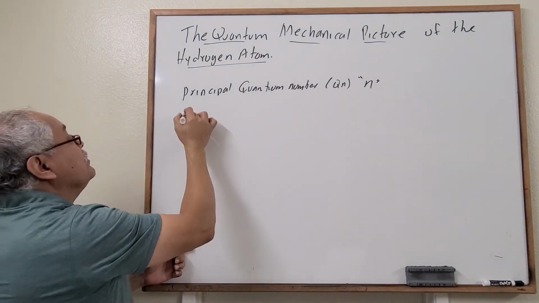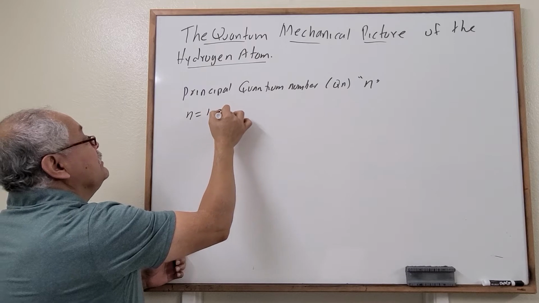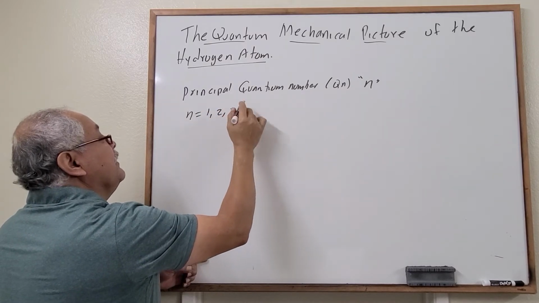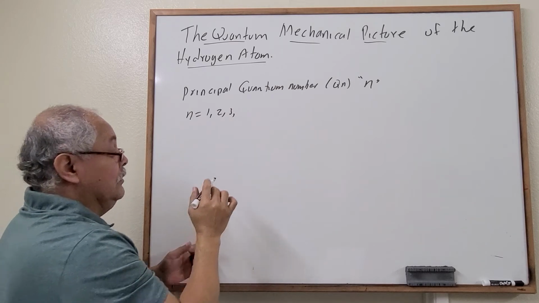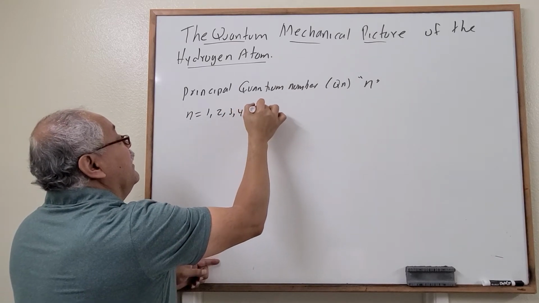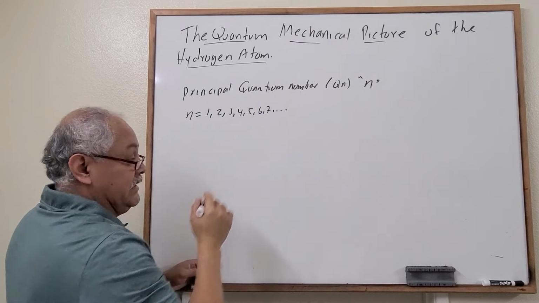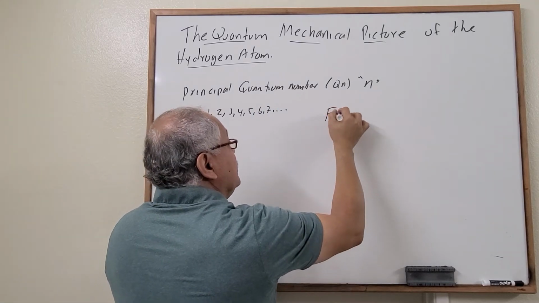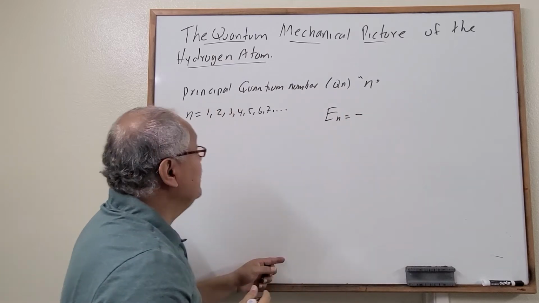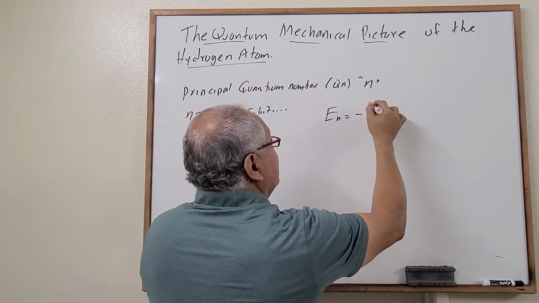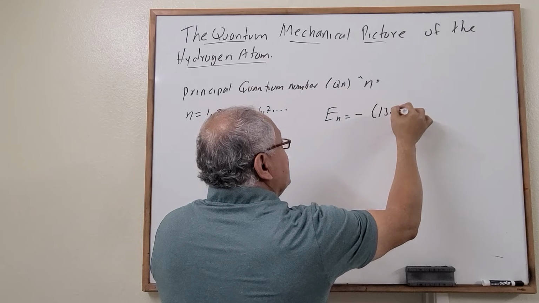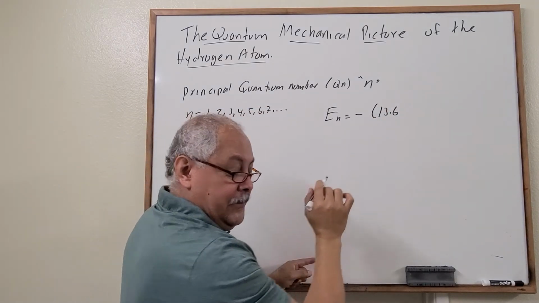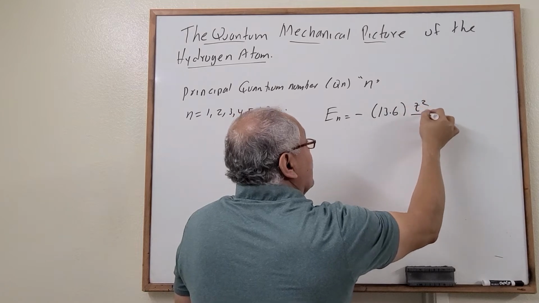And it goes from where to where? N equals 1, 2, 3. Remember, it goes up to 7 using the periodic table, correct? 4, 5, 6, 7. Of course, you can take more values. And then the principal characteristic is the energy. E equals, because we're dealing with hydrogen atoms, negative 13.6, which is the ground state, times Z squared over N squared.